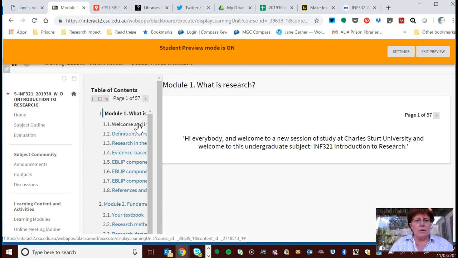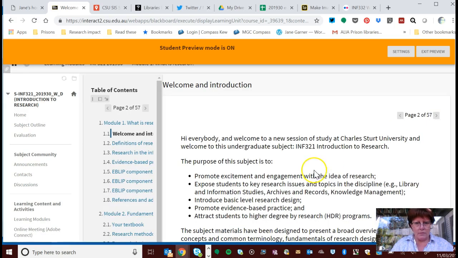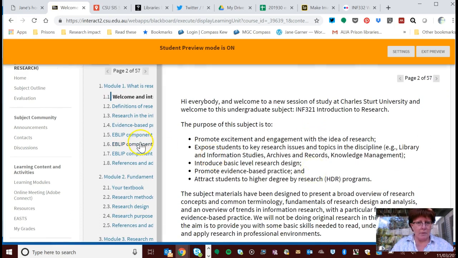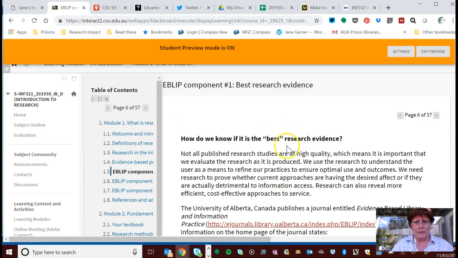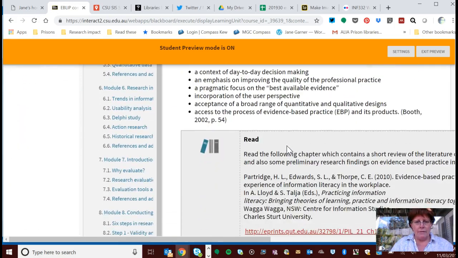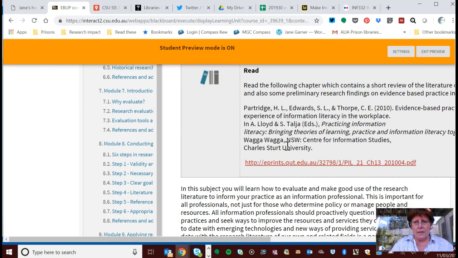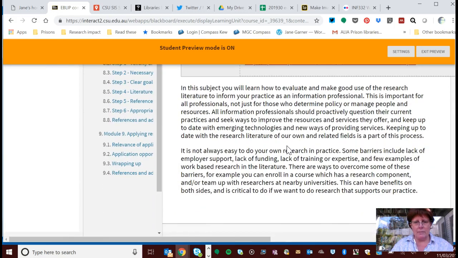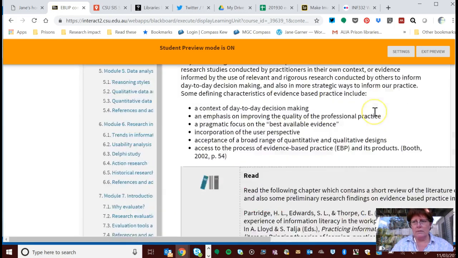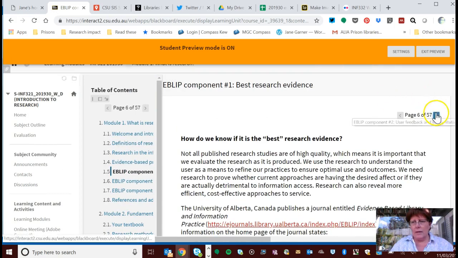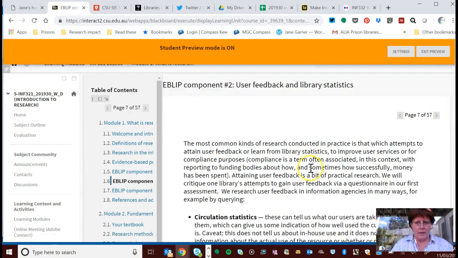In terms of things to look out for that are important, let's just have a quick look through. This is all introduction, so you've probably got up to about here, I imagine, up to the evidence-based librarianship stuff. So really, it's just a matter of reading through some of the things. You don't have to read all of it, so don't feel like you've got to wade through absolutely everything.